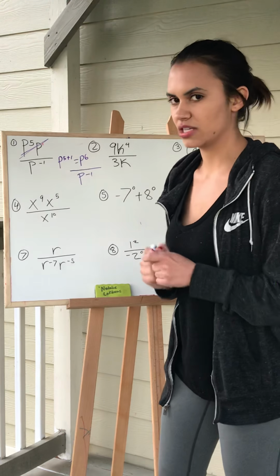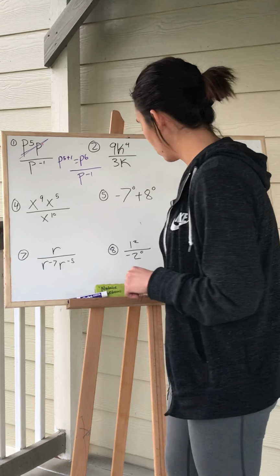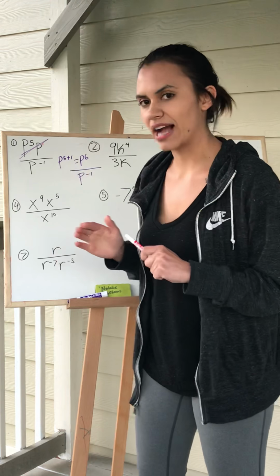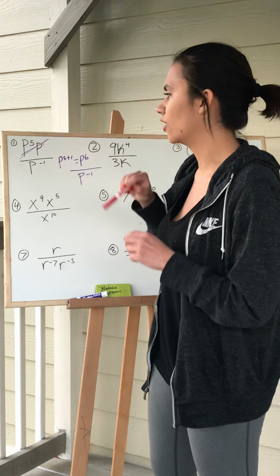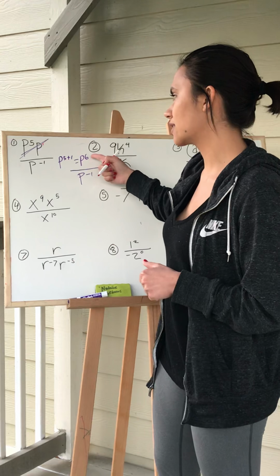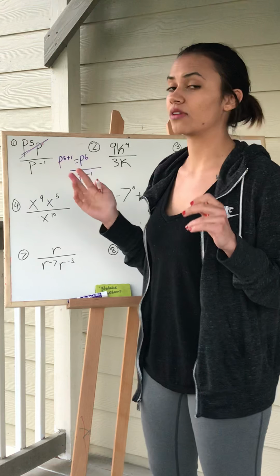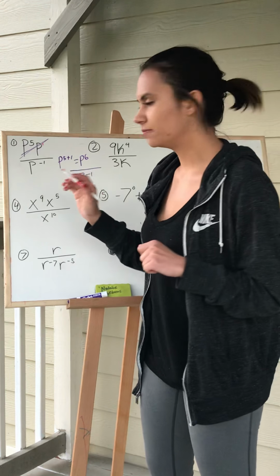What I always tell you is that when we're doing this quotient rule, the rule says to subtract the exponent in the denominator from the exponent in the numerator. You can't just look at this and say 6 minus 1, which would give you 5, and that's not the right answer. This is why I stress writing it out.